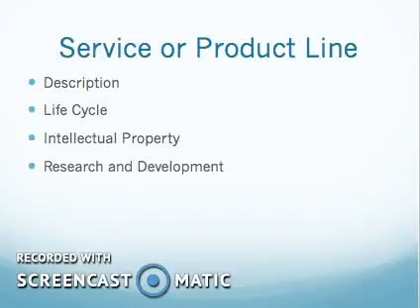The intellectual property will be if you have any existing, pending, or anticipated copyright or patent filings, trade secrets, and any other information pertaining to existing legal agreements such as a non-disclosure or non-compete agreement are also gathered in this service or product line section.